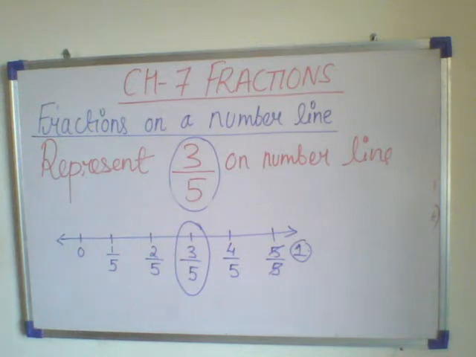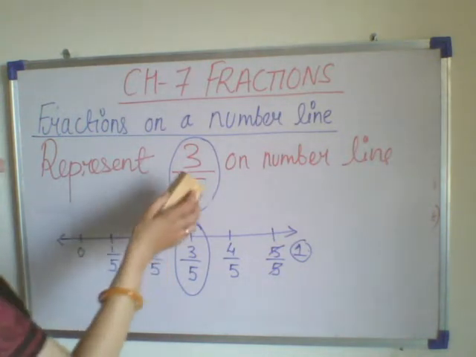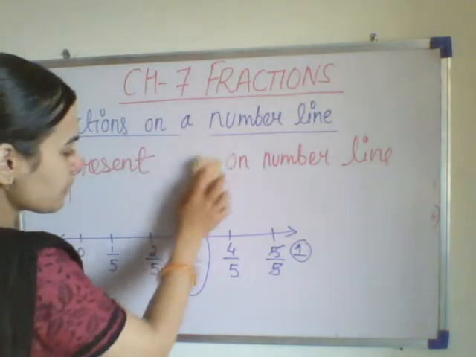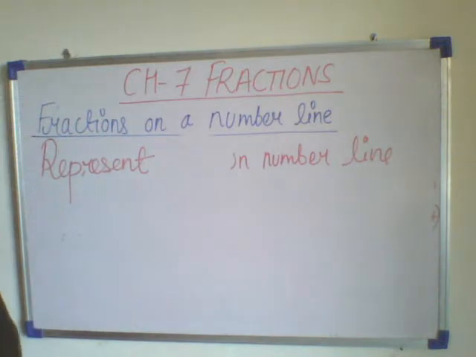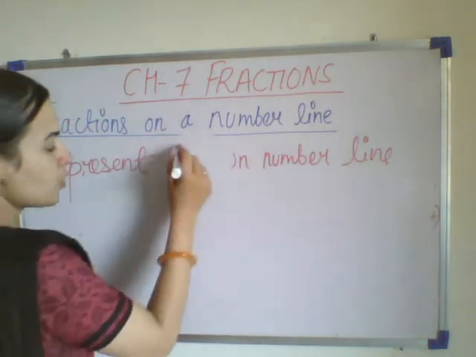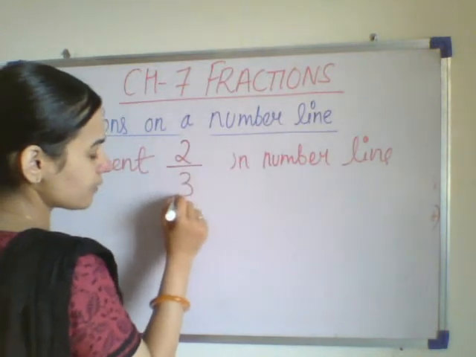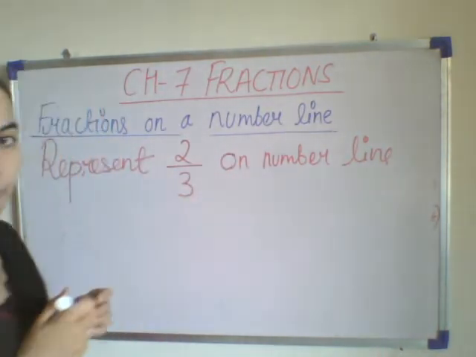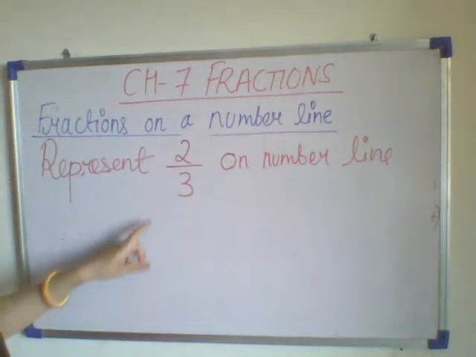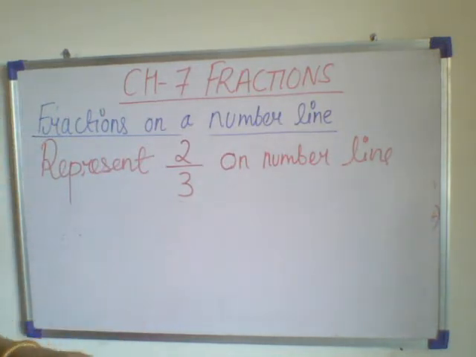Let us do one more question. If in the question it is given to represent 2 upon 3, we have to represent 2 upon 3 on the number line. So what is given in the denominator? 3 is written.